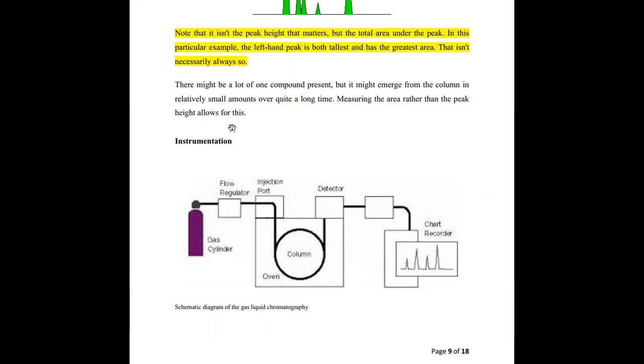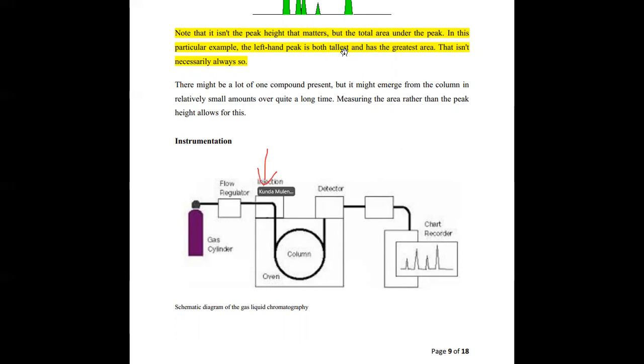You need to have some source of the inert gas. So the inert gas is in the gas cylinder. And then we have the injector, we've got the flow regulator. This is what regulates how fast the inert gas carrying the sample is flowing. And then we have the injector point here, so the sample is injected from this point.